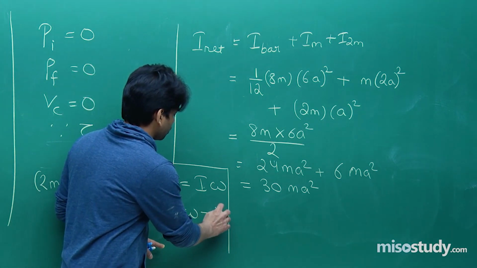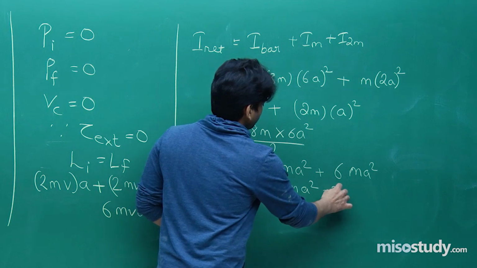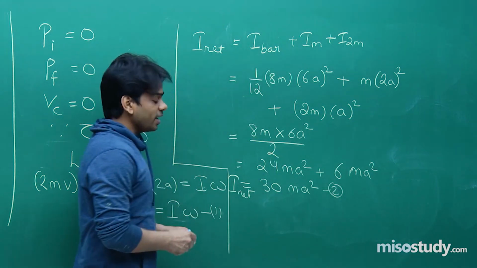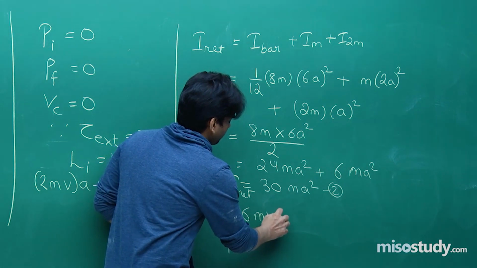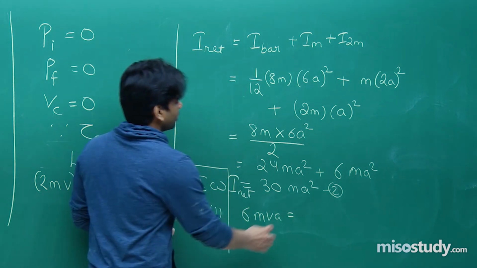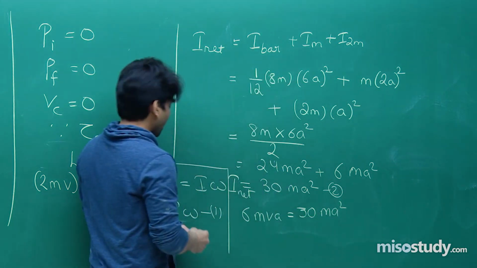If I mark this equation number 1 and I net as equation number 2, then substituting the value of I net in equation number 1, 6mva is equal to 30 ma square multiplied with omega.